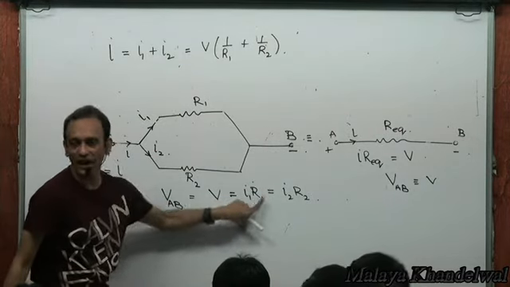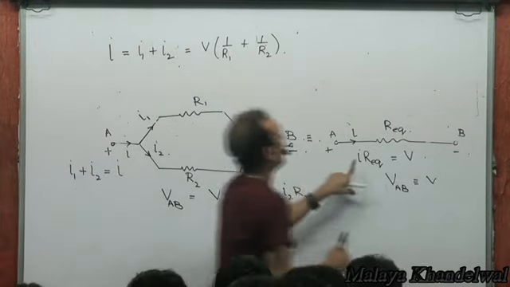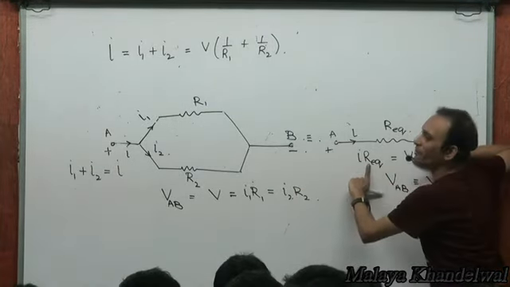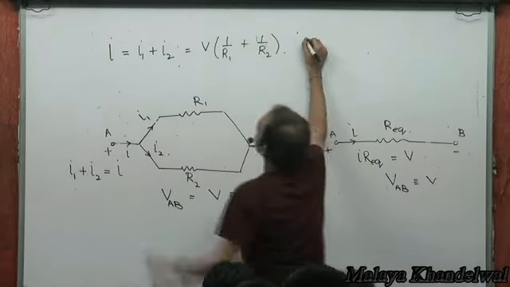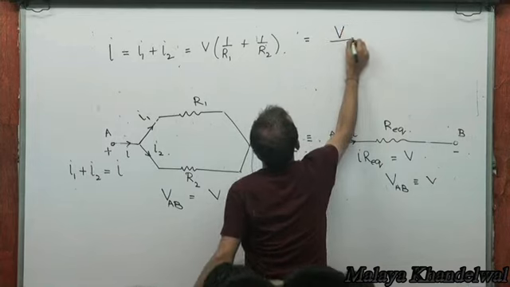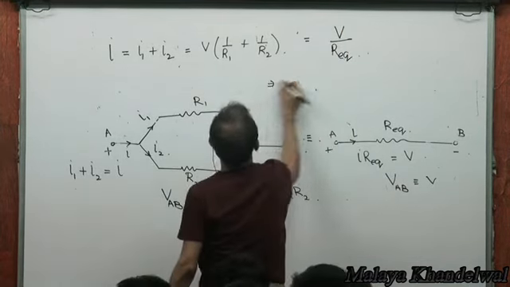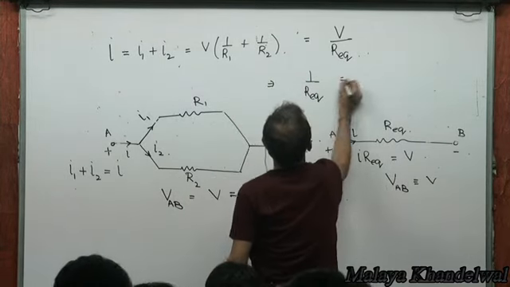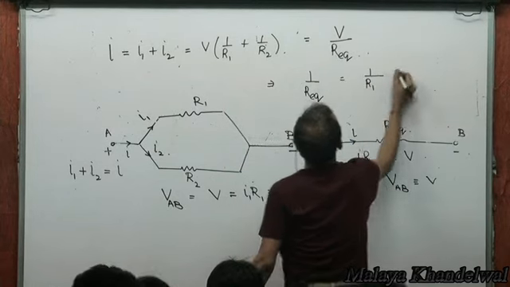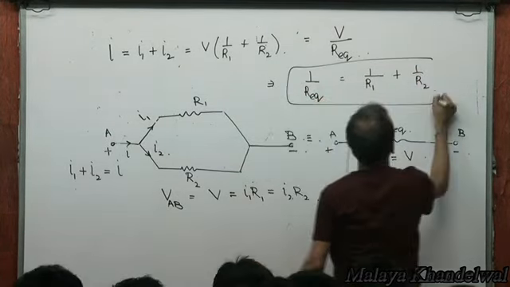I1 plus I2 is V by R1 plus V by R2, which is the total current I flowing through the battery, and I is also V by R equivalent. So that will give me equivalent resistance: 1 by R equivalent as 1 by R1 plus 1 by R2.